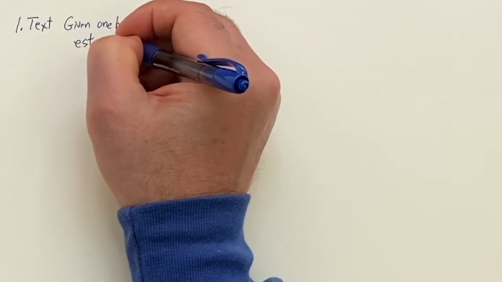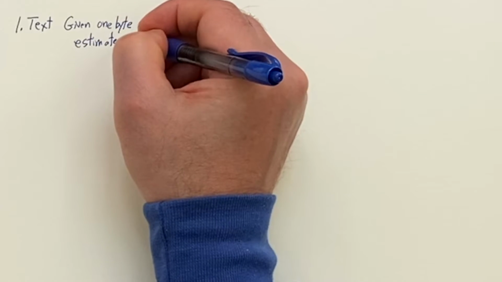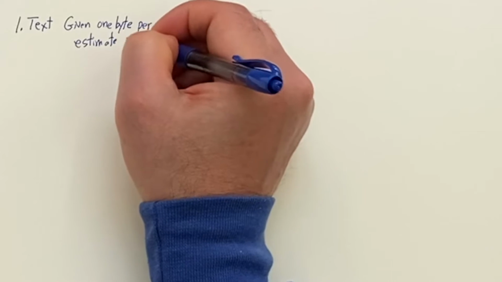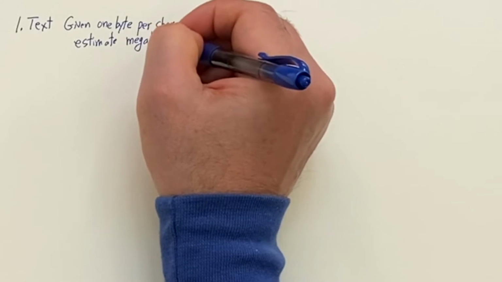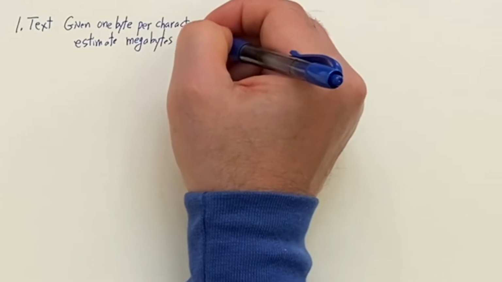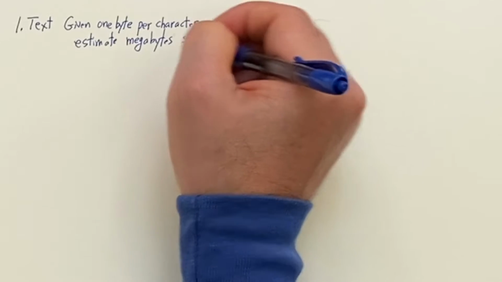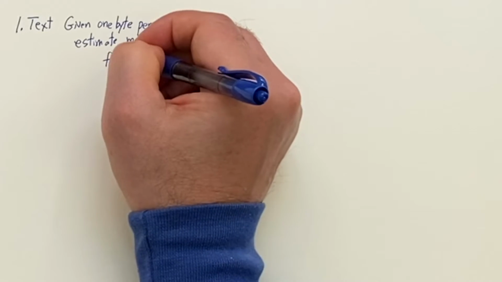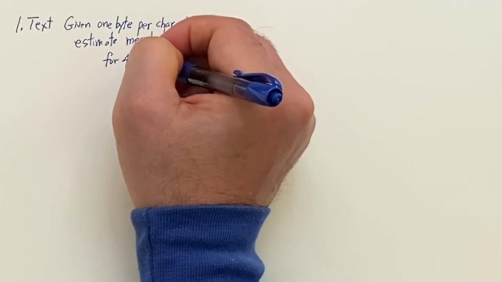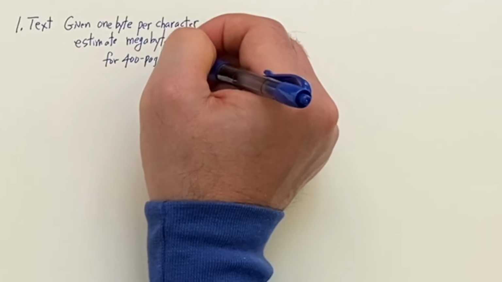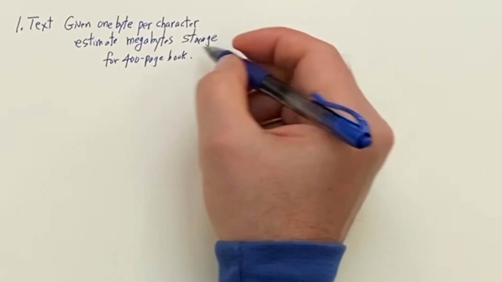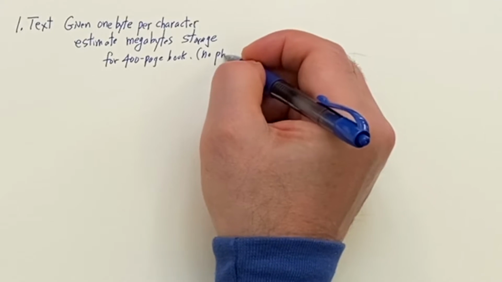Estimate in megabytes the storage for a 400-page book. No photos, just characters.